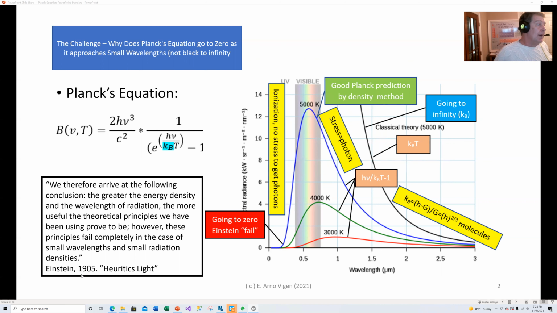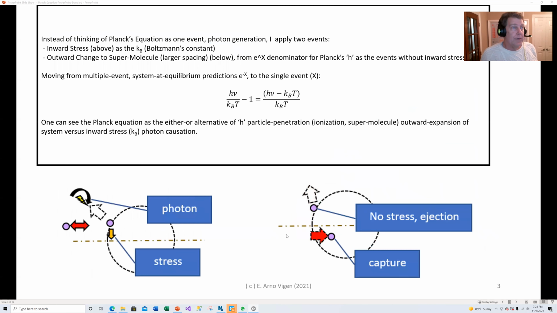And in fact, Einstein in 1905 in his heuristic light paper, the one that got him the Nobel Prize, says, we therefore arrive at the conclusion, the greater the density, the more useful these principles are. So this divergence becomes better known. However, these principles fail completely to explain small wavelengths and the small radiation density. That is, he doesn't predict this, and I'm going to show you how to do it.